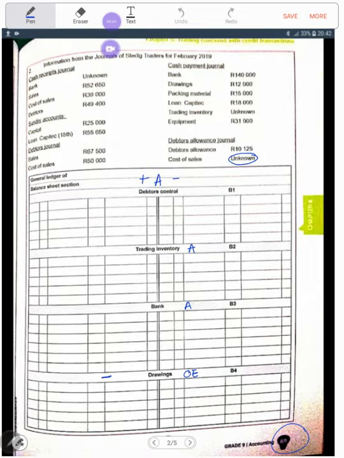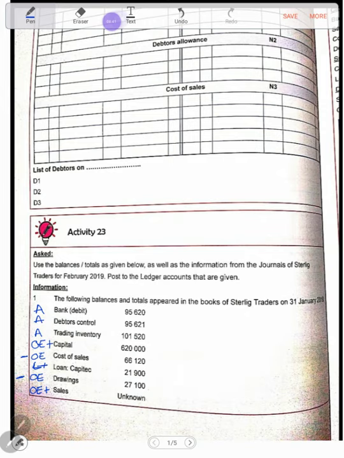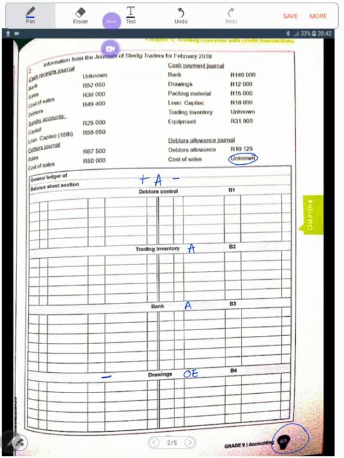So basically we take in the information from the opening balances. Remember, you'll have balance brought down and total brought forward. Depending on whether it falls in the balance sheet section, it will be balance brought down.